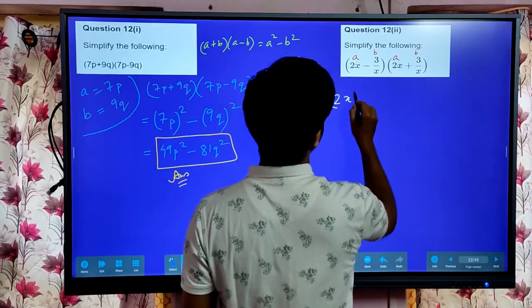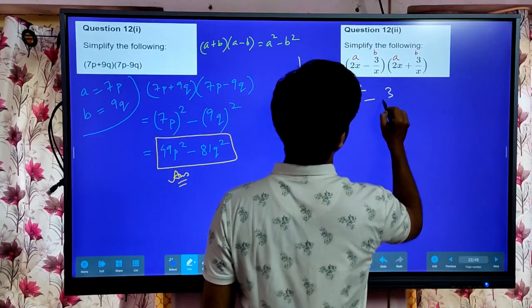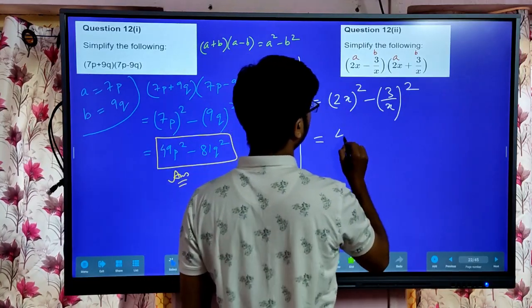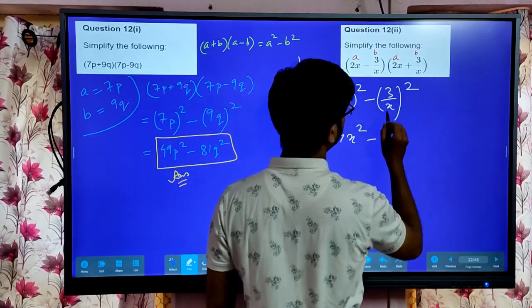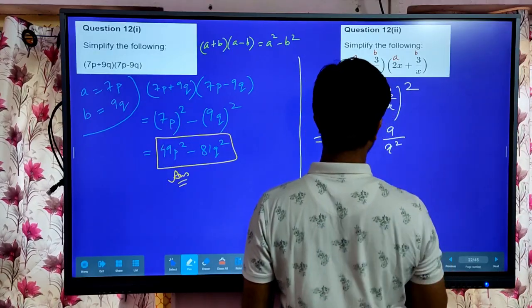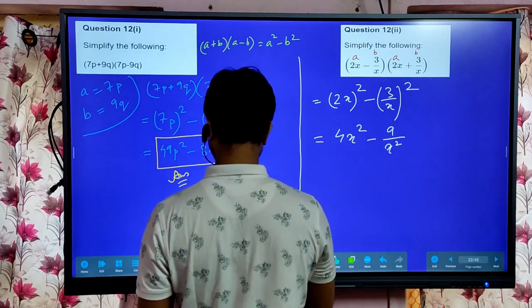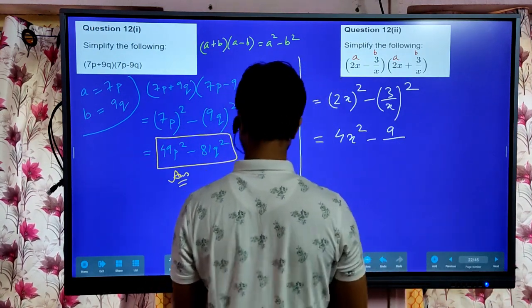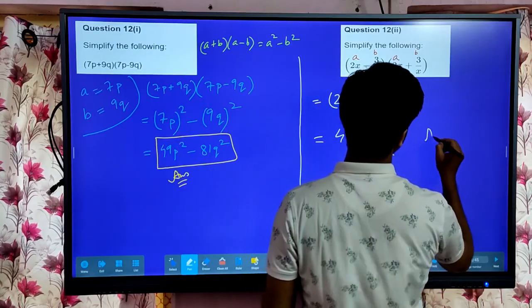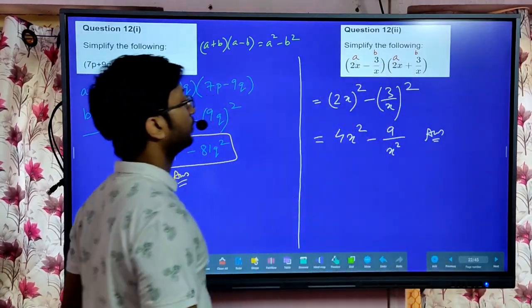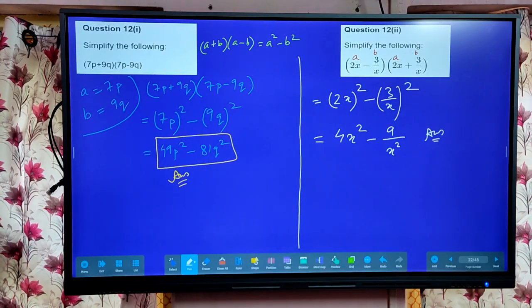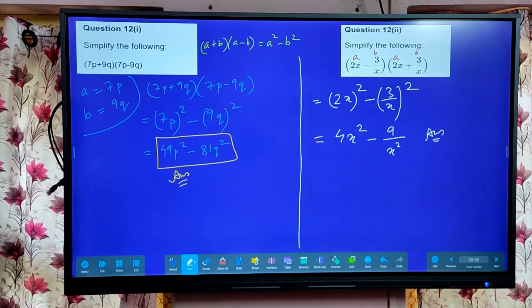So 2x square minus b, which is 3x square. So it will be 4x square minus 9x square. So this will be your answer. Okay, write it down. Pause the video. I will move on to the next question.